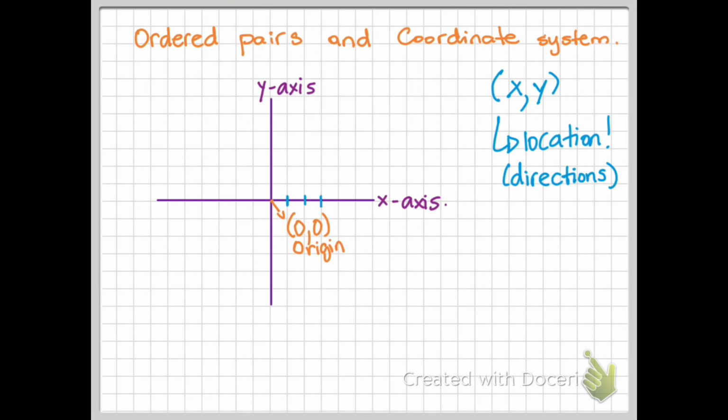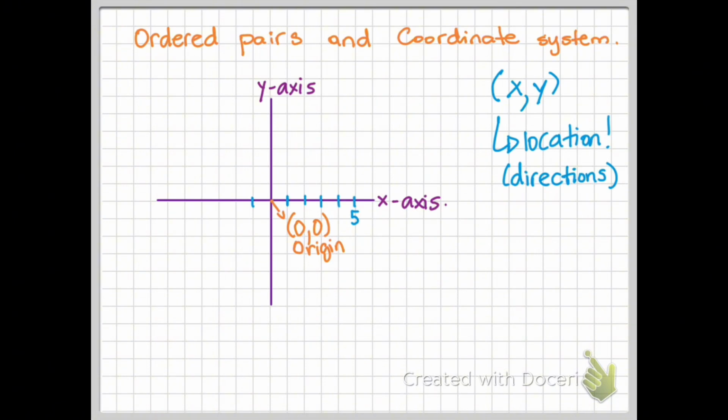Then that's 2, 3, 4, and 5. Notice I don't have to write all the little numbers because I know that each little square represents 1. Now, don't do a line in between because that point is in the fractions. That is not a whole number. So let's work only on the lines.